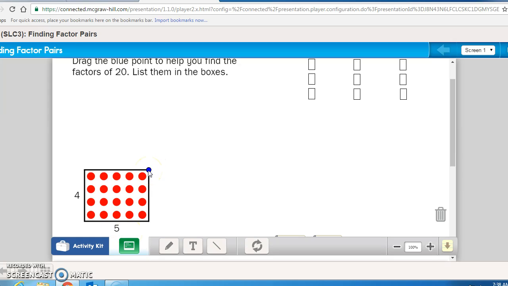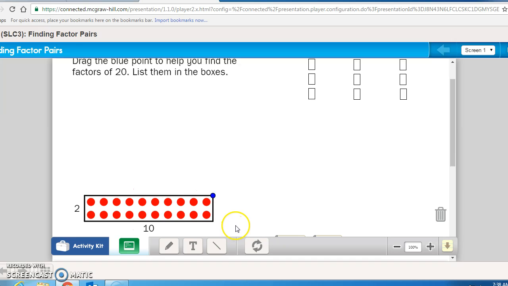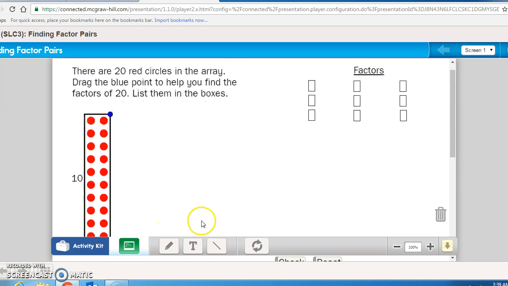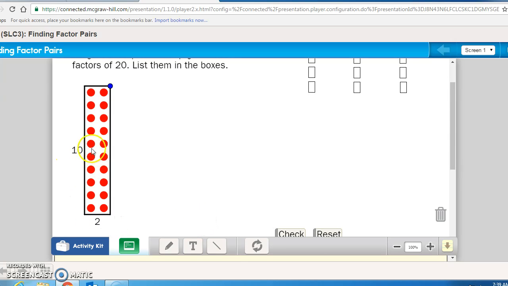And again, 2, if I can drag this correctly, times 10 would be 20, which can be shown this way, 10, because our rows go first, times 2, or 2 times 10 going this way. So we know 2 and 10, 1 and 20. 3 times nothing is 20, because 3 times 7 is 21, and 3 times 6 is 18. 4 times 5 we already did.